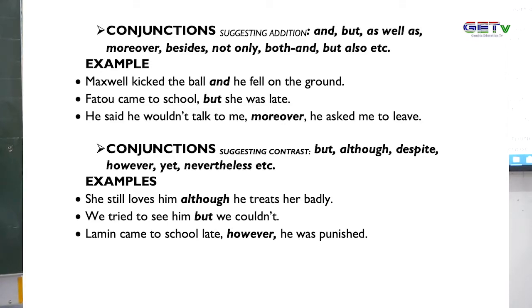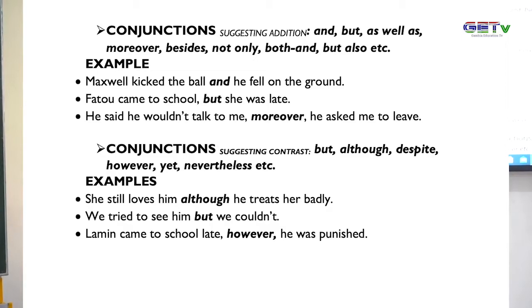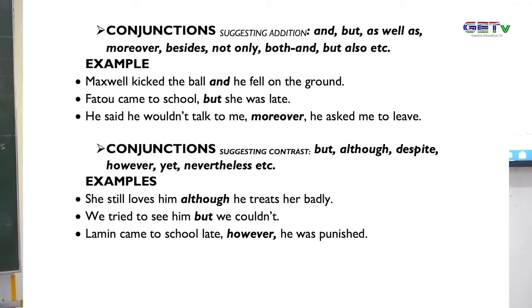That's conjunctions suggesting contrast. Examples we have are but, although, despite, however, yet, nevertheless, etc. Let's look at examples of these ones. We have one: She still loves him, although he treats her badly.